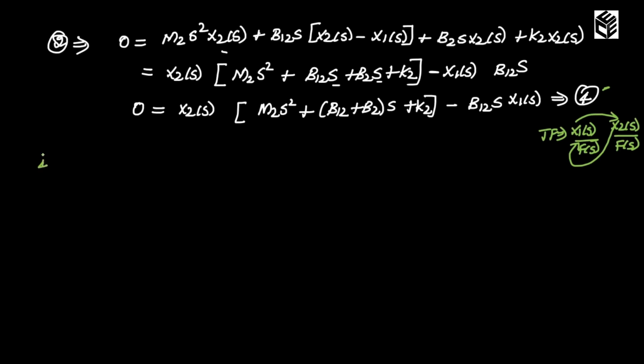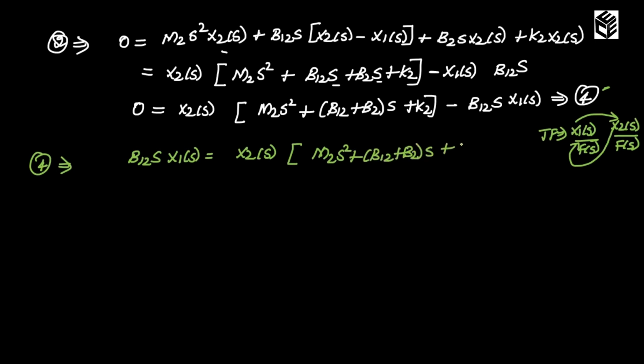So from equation 4, for that, I am taking X1(s) to the left side: b12 s into X1(s) is equal to X2(s) into (m2 s² + (b12 + b2) s + k2).